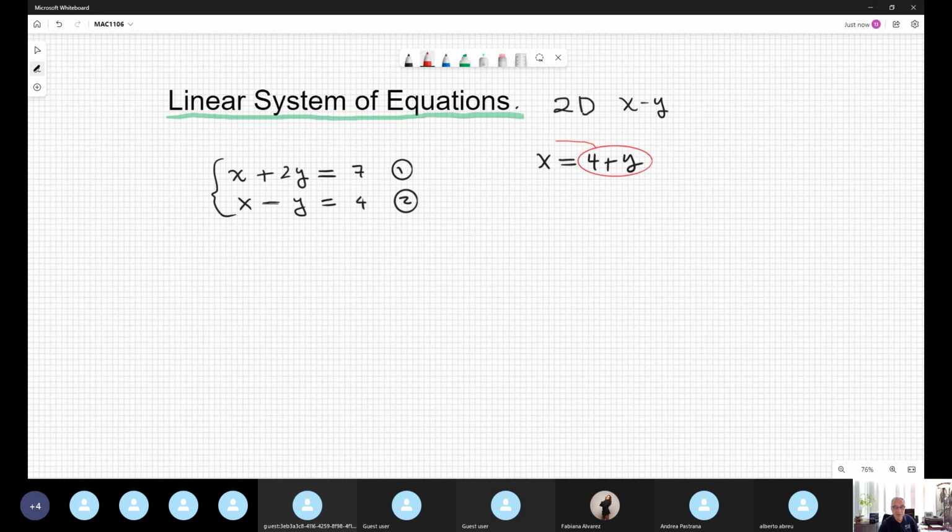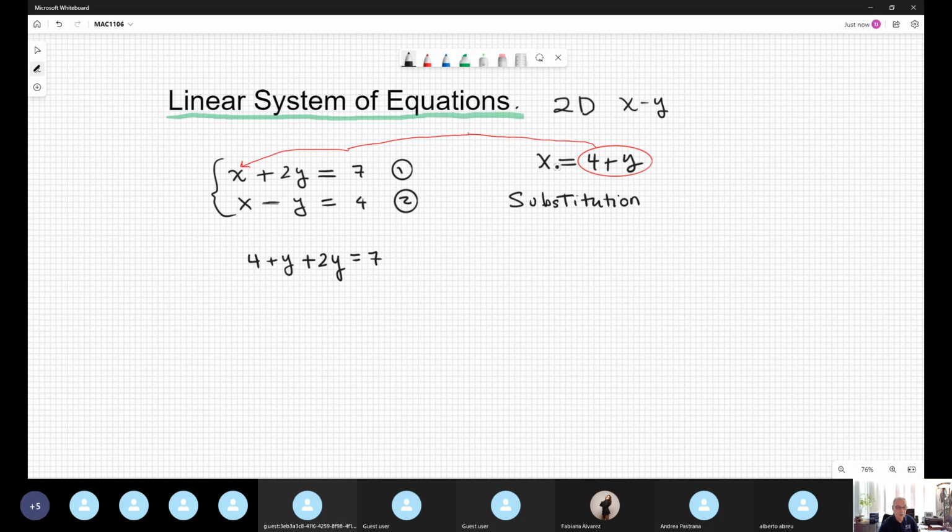You replace x in the other equation, not in the same equation, in the other equation. So right now it's not x anymore, no. It's 4 plus y, plus 2y equals 7. And this is my new equation 1, okay, I rewrite it by substitution. This is the idea: x is replaced by the expression that is equivalent according to equation 2.